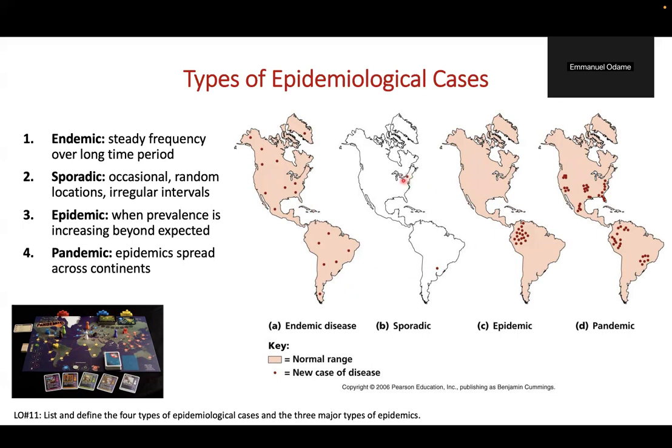So let's say one will be in North America, another one in South America, just randomly. Then we have epidemic, basically when the prevalence increases beyond expectation and it's more localized within a specific place and it's just going all the way up. The last category is pandemic, where you have an epidemic spread across continents. One example is COVID-19, which we all experienced.